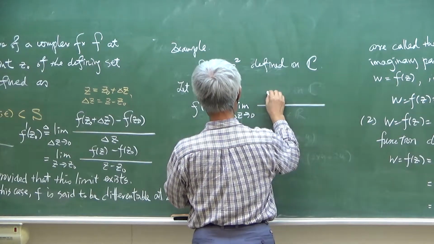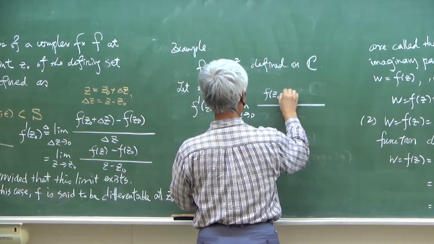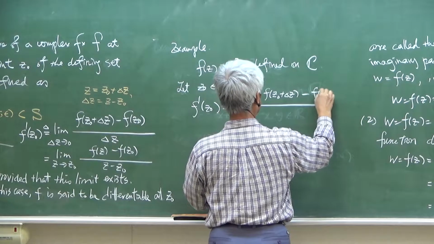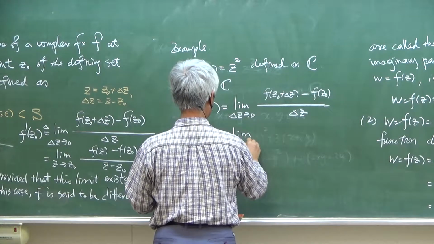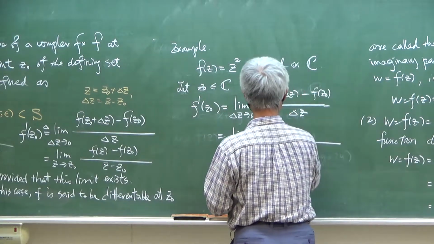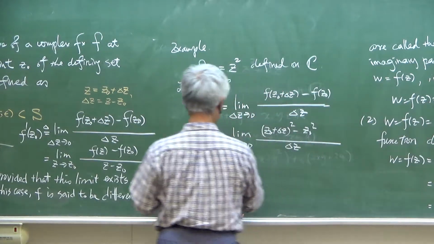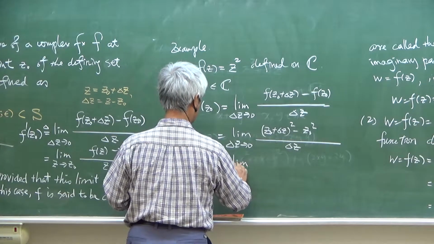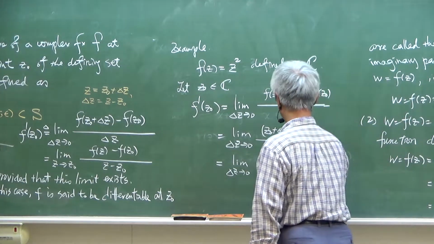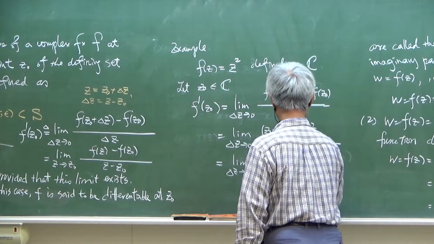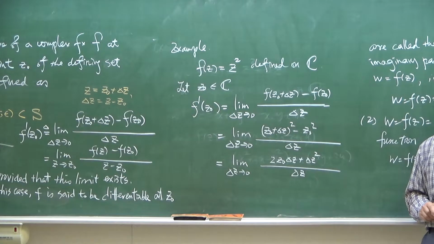So we have the difference quotient, and this is (z0 plus delta z) squared minus z0 squared, over delta z. Now the numerator is 2 z0 delta z plus delta z squared, and this is over delta z.